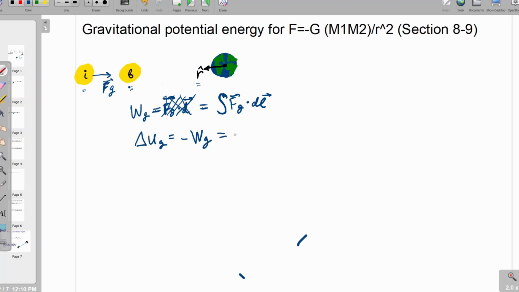So it will be minus this integral here. Let's put in Newton's law of universal gravitation then. So there's going to be a minus G m1 m2. We'll say that the Earth is mass 1, and this will be mass 2, divided by the distance between them squared.